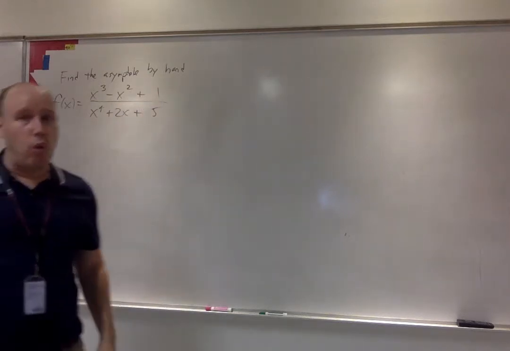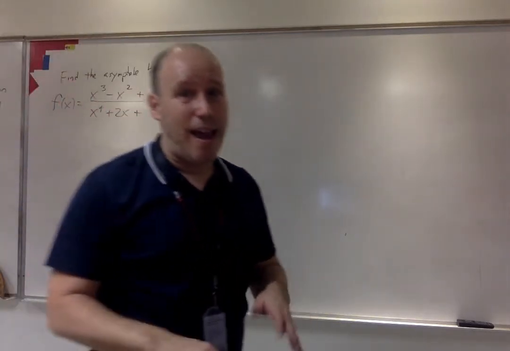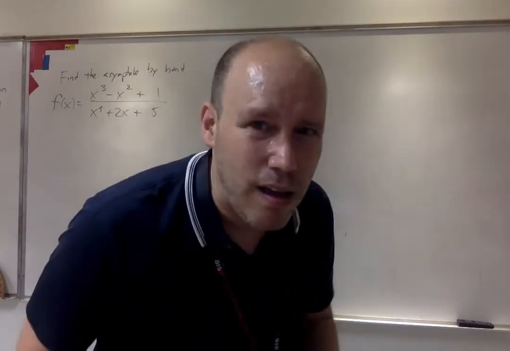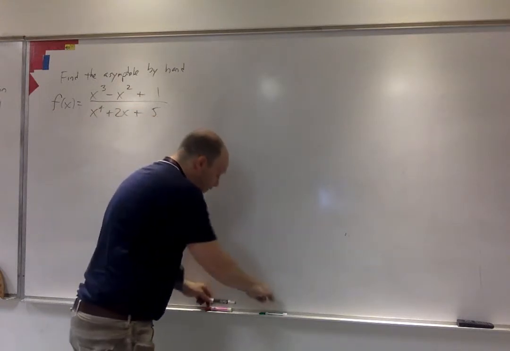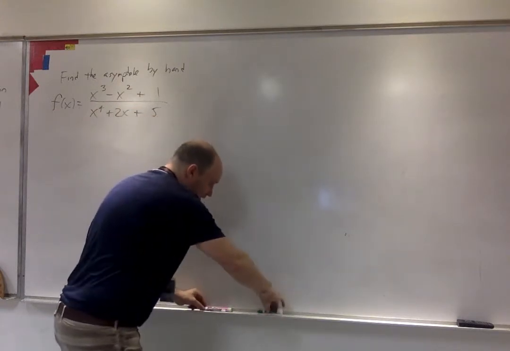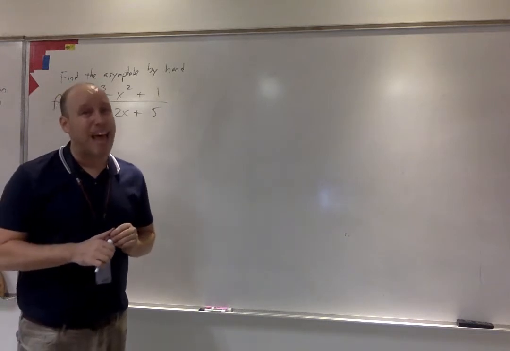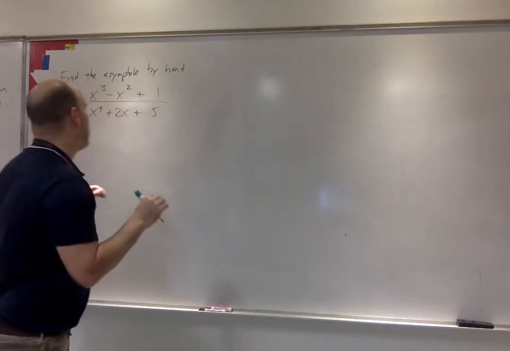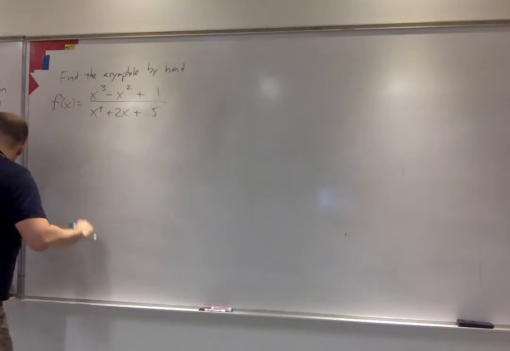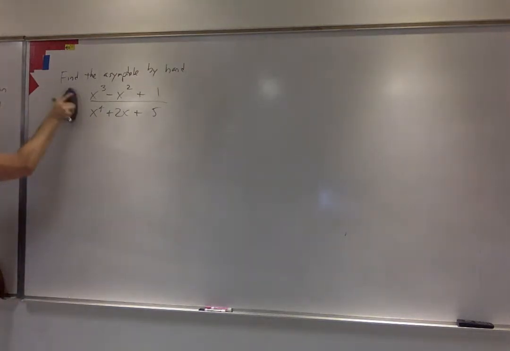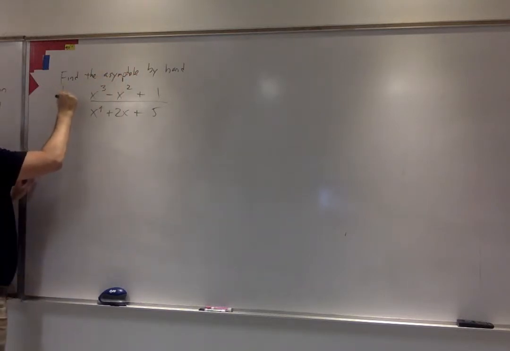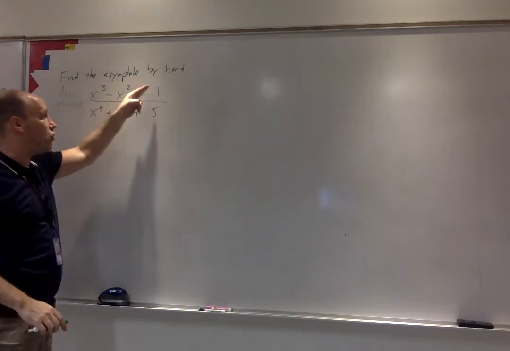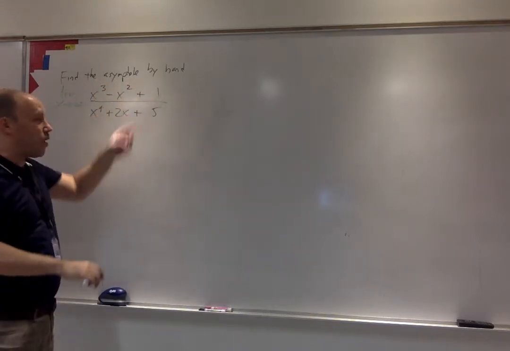Now, the old school way, and someone who's older might say, and it's not wrong, first of all, find the term with the highest exponent. Oh, I'm sorry, no. From by hand, I apologize. So find the limit as x goes to infinity of x cubed minus x squared plus 1 over x to the fourth plus 2x plus 5.